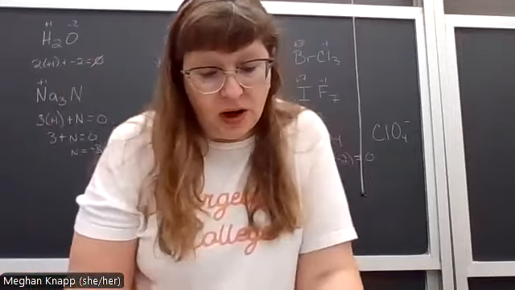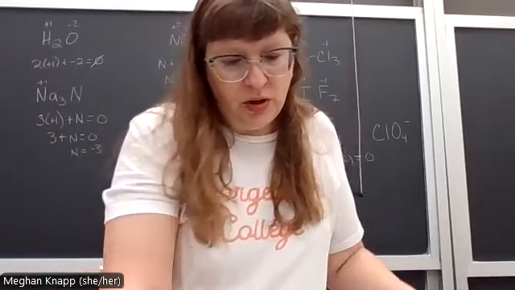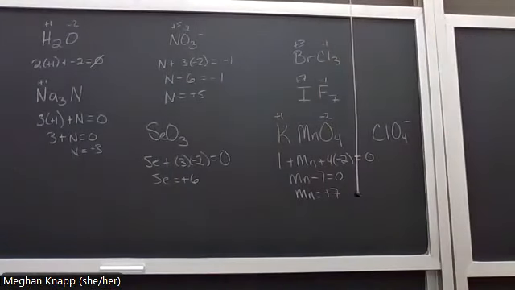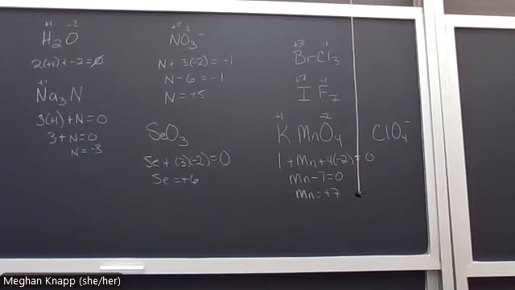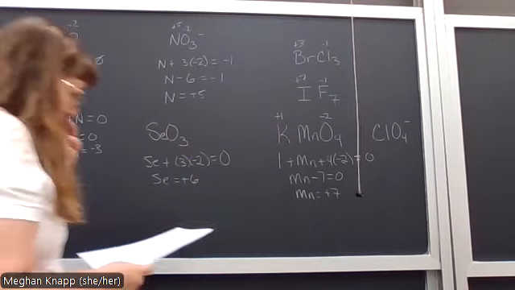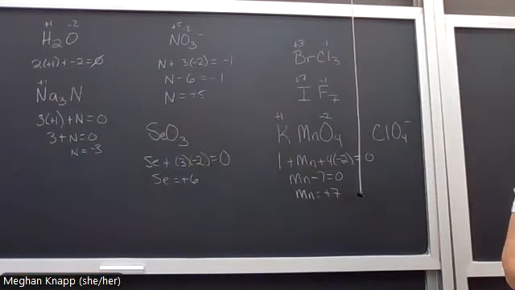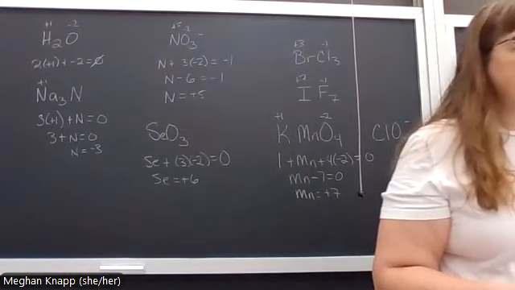Okay, so I'm going to hand you this sheet, and I want you to look at figure 8.2. This is just showing us the observed oxidation states for some of the first main group elements. Remember, main group is not including the transition metals.